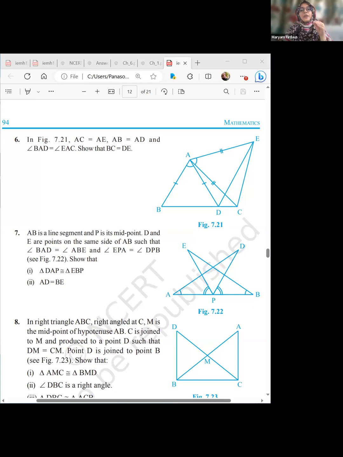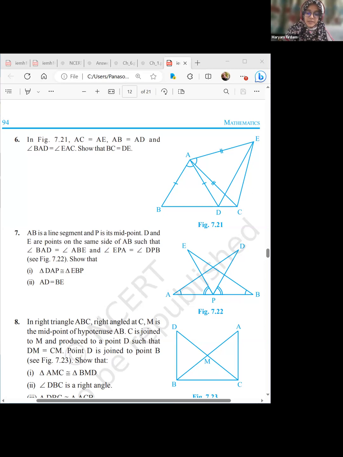That angle is a part of the blue triangle. And similarly, this red angle that I am showing right now is a part of the pink triangle. So we need to show these two red angles as equal.